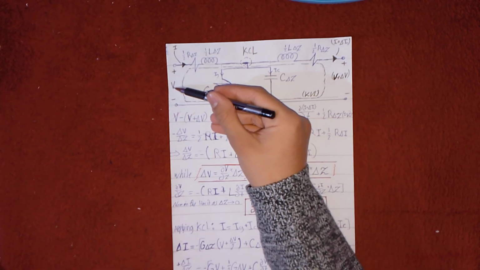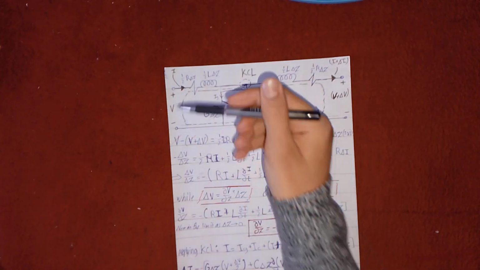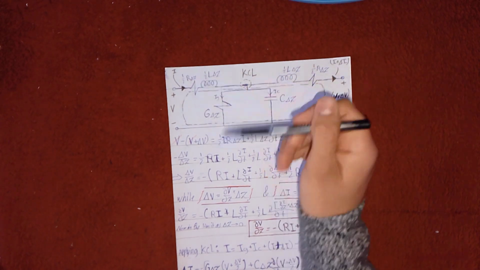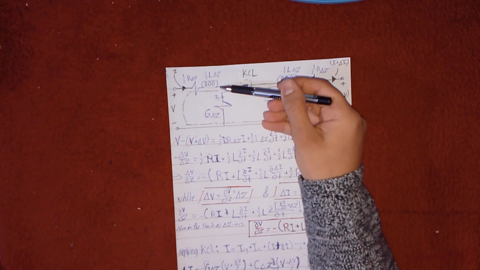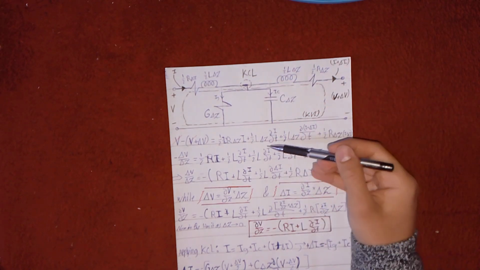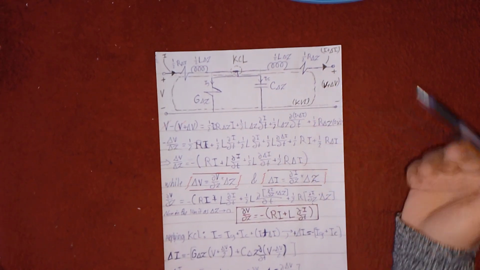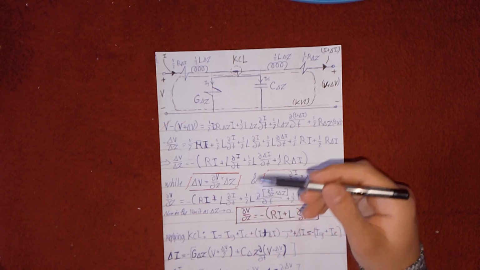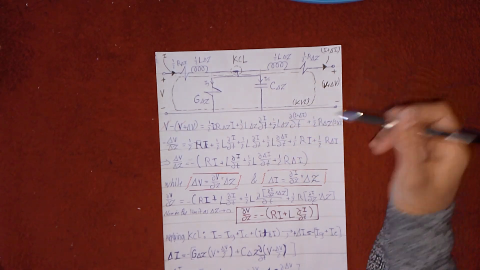Here the voltage V minus V plus delta V is equal to the voltage across this resistance, which is the resistance times the current, half R delta Z times I, plus the voltage across this inductor, which is the inductance times the partial derivative of the current with respect to time, half L delta Z partial I partial t. Here we're taking the partial derivative because the current is not a function of time only, but it is a function of time and position Z.